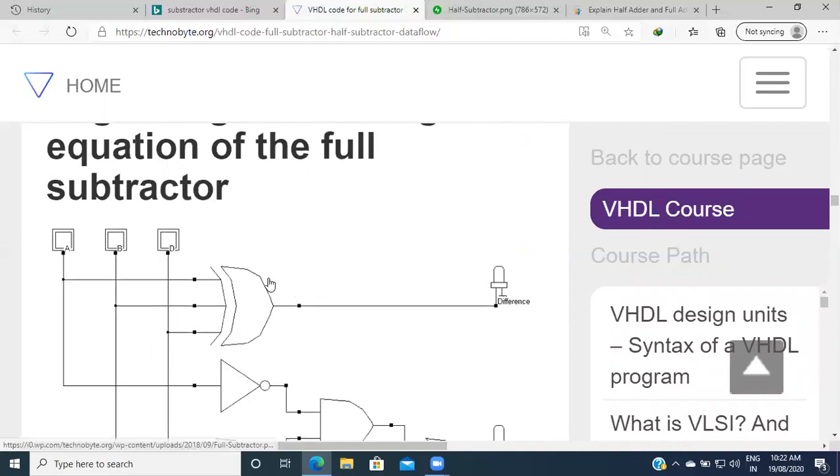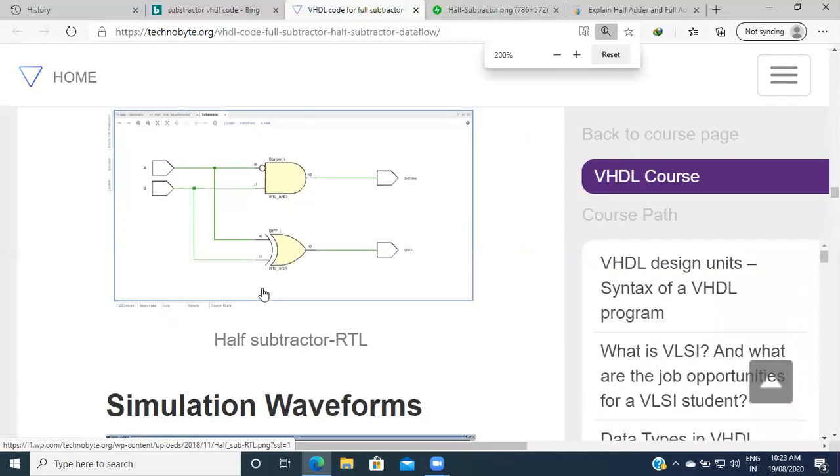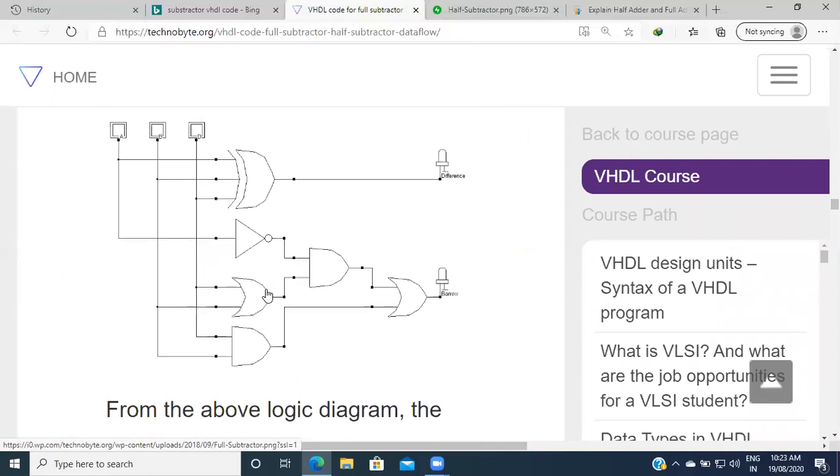And this one is for the full subtractor diagram. In that full subtractor diagram, 6 gates are used. The first one is the XOR gate, which is used for giving the difference. Here the input bits are A, B and D. Then, how to find the borrow: not A is given.